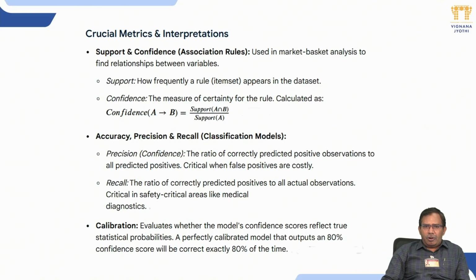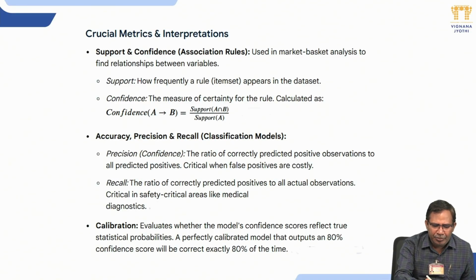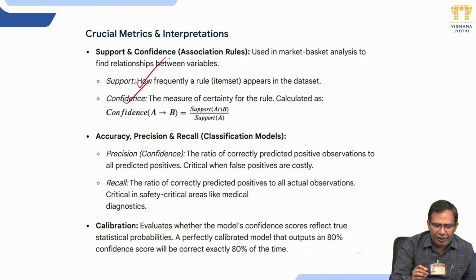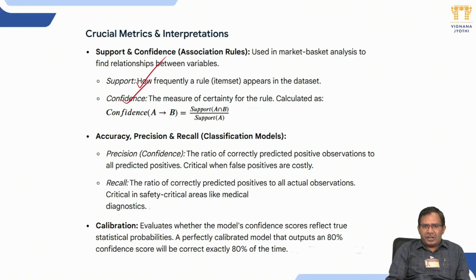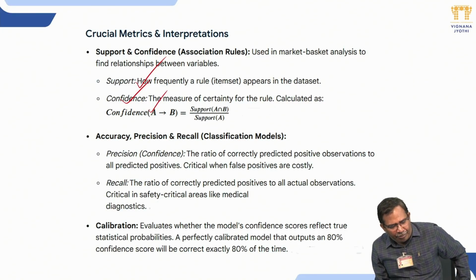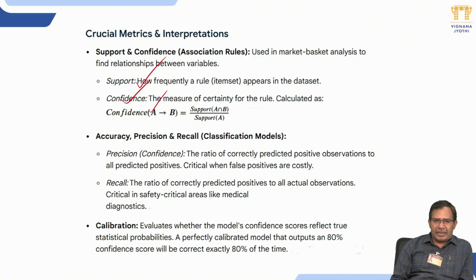Support states how frequently a rule appears in the data set, that is, the item set is present, like bread with butter, or diaper with beer. Confidence is the measure of certainty for the rule: A implies B is the support of A intersection B divided by the support of A. A can be diaper and B can be beer. Another example: A can be bread and B can be butter.